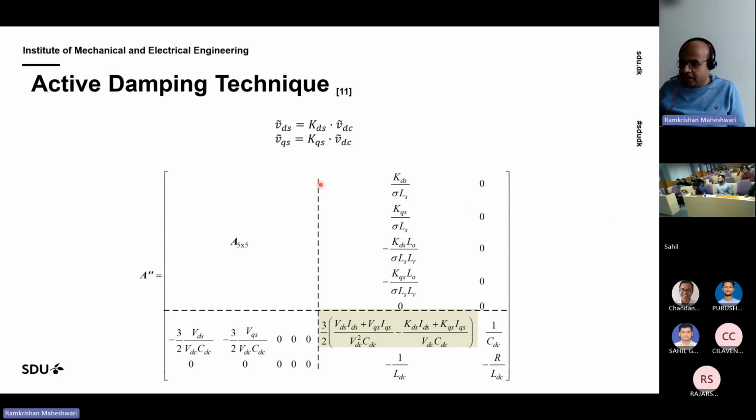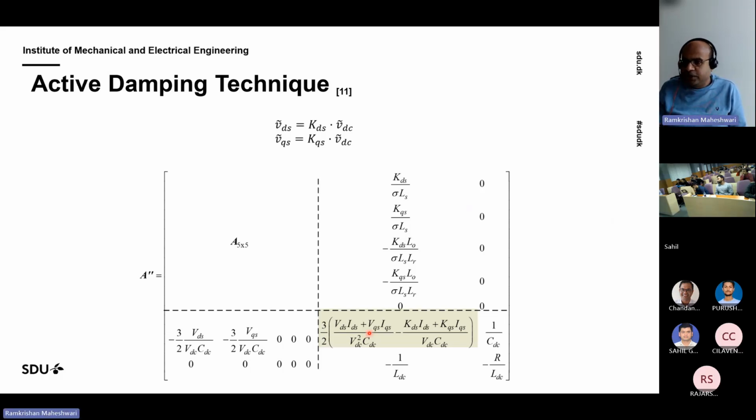When we do that, this diagonal term is modified with something like this. So now you see there is a minus sign here. By changing the value of KD or KQ, I can make this term 0, or I can make it negative. What we try to do here is make this 0, not negative.